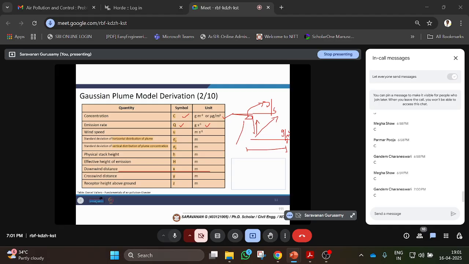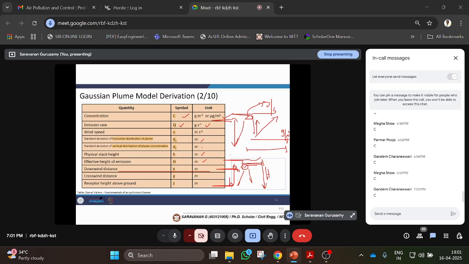At what height? It is the effective height. What is effective height? Physical stack height plus plume rise. So this small h plus delta h will give you the total H, the effective stack height. That is also in meter. Physical stack height is in meter. Sigma Y and sigma Z will be in meter. Those are all constants. Okay.